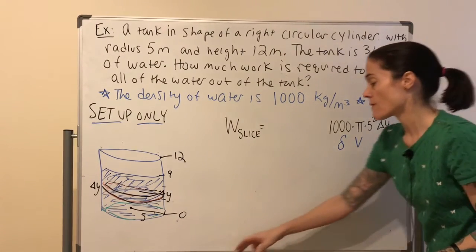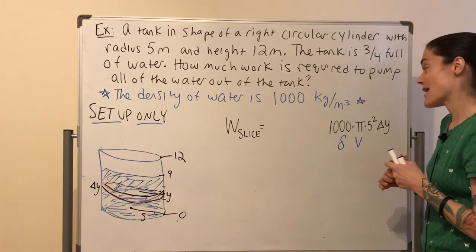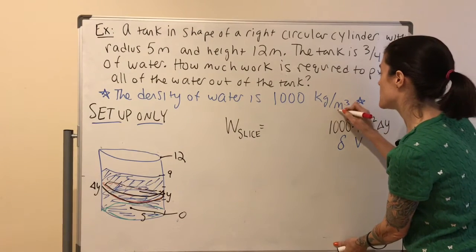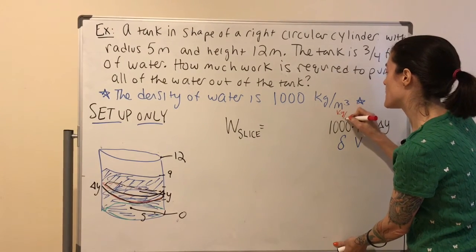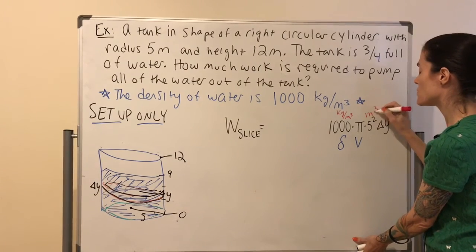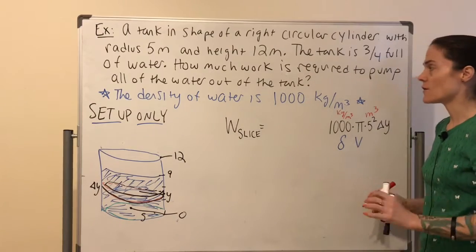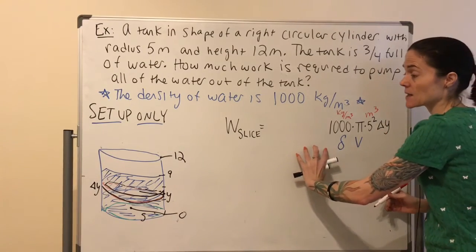In fact, maybe I'll write my units above. These in particular, I always check my units to make sure I have everything. So this is in kilograms per meters cubed. This is in meters cubed. So far I multiply, I have a kilograms, which is a mass. Wonderful. But then mass, I need acceleration.